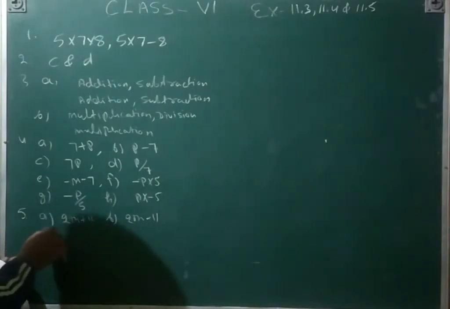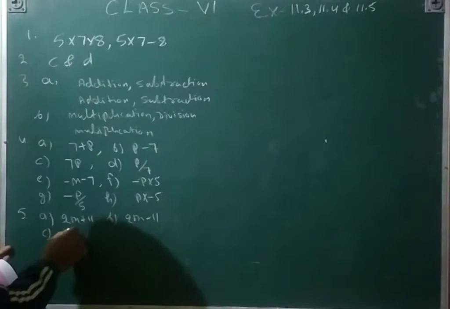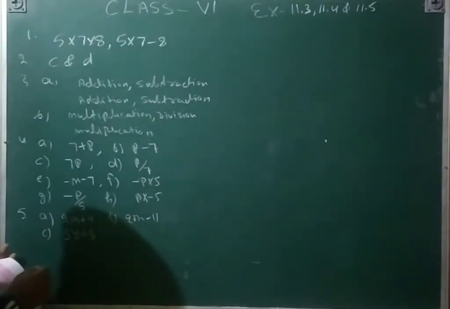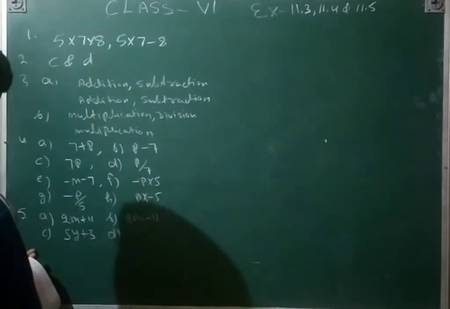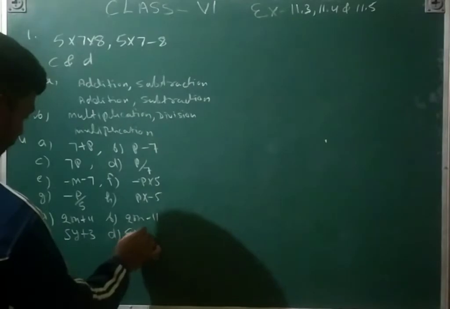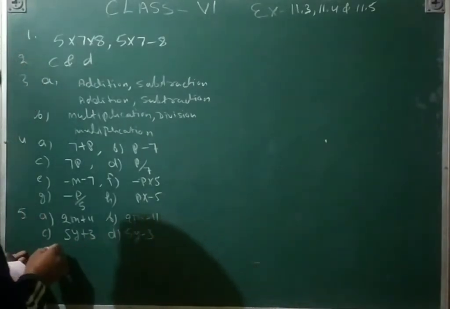And then C, 5 times y, to which 3 is added, so 5y plus 3. D, 5 times y, from which 3 is subtracted, so 5y minus 3.